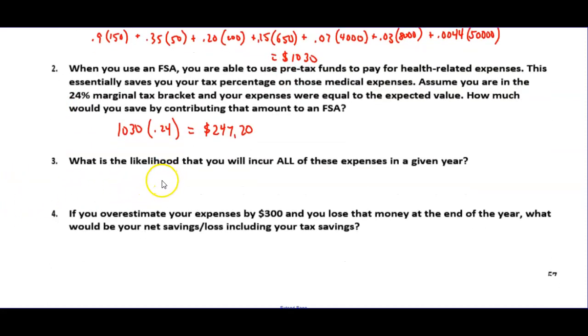What's the likelihood you will incur all of these expenses? Well, if you just multiply all of those probabilities, I'm not going to write this down, but you'd have to multiply 90% times 35% times 2% times 20% times 15%, just all of those together.